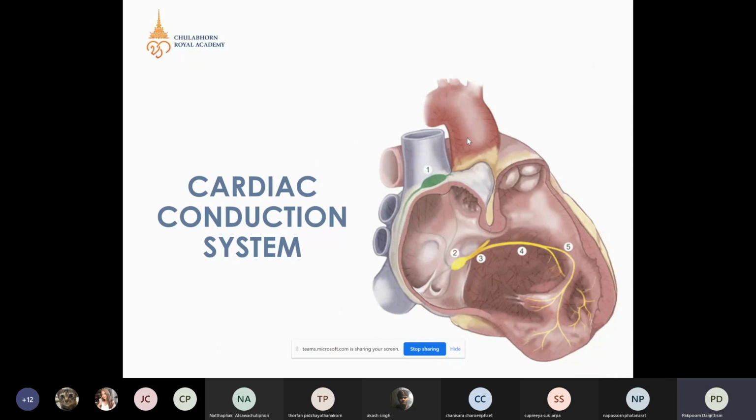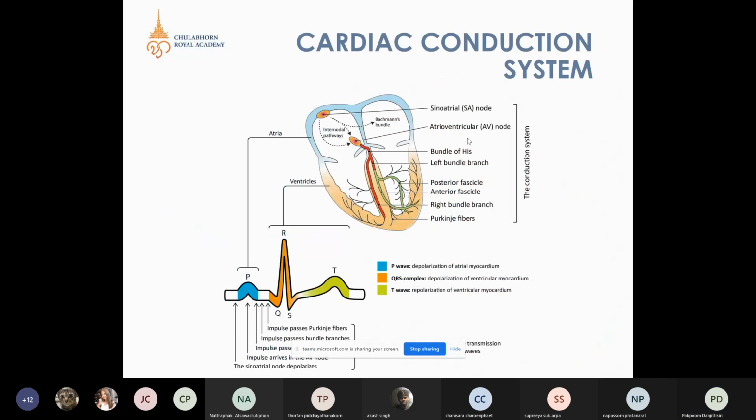Okay, well, let's start with the cardiac conduction system. As you know, our heart will beat at around 60 to 100 beats per minute, and the first electrical impulse will be generated from a group of special cells at the upper area of the right atrium, at the junction between the right atrium and the SVC, the superior vena cava.